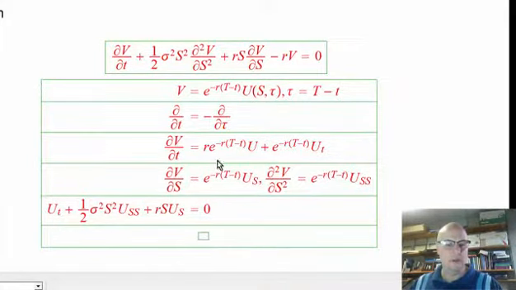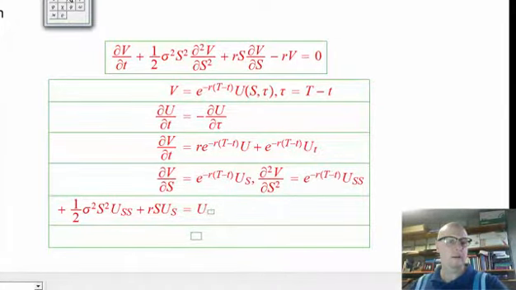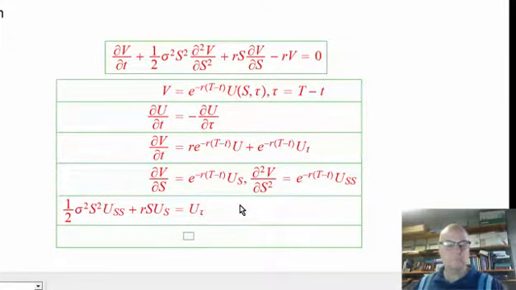So I'm going to replace that du dt with minus du d tau. This is going to become a minus du d tau, and I'm just going to bring it over to the other side since it's a minus. And then u differentiated with respect to tau. Now, here's my equation that has tau in it, so tau is running, starting at 0 at the payoff.